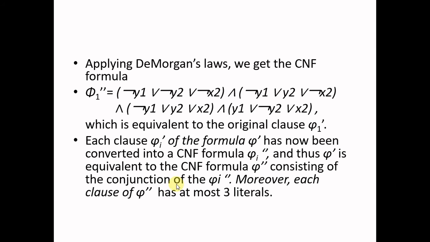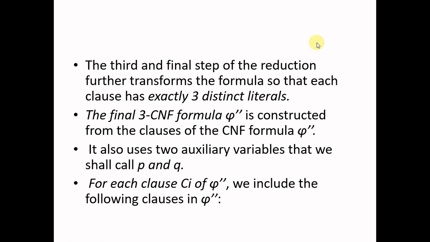triple dash, this is actually triple dash. Phi triple dash is constructed from the clauses of the CNF formula phi double dash. So the final 3-CNF formula you can call phi triple dash, and it is constructed from phi double dash, and it also uses 2 auxiliary variables that we shall call P and Q. So what is the problem with the formula we constructed so far?